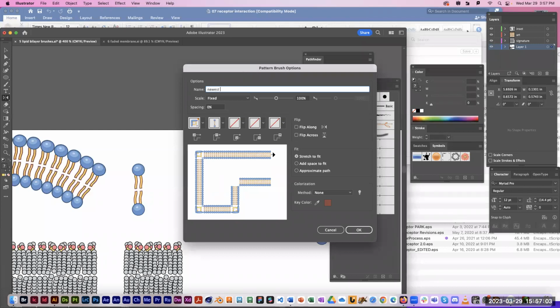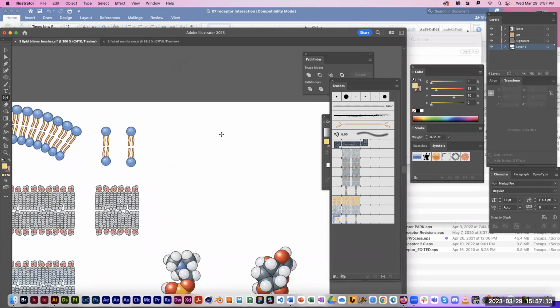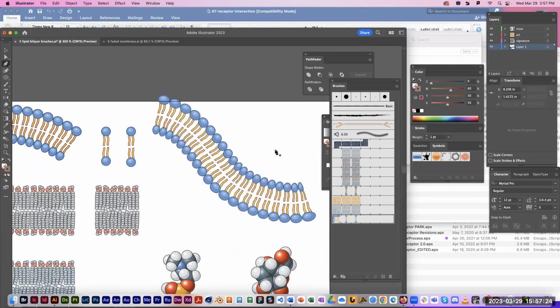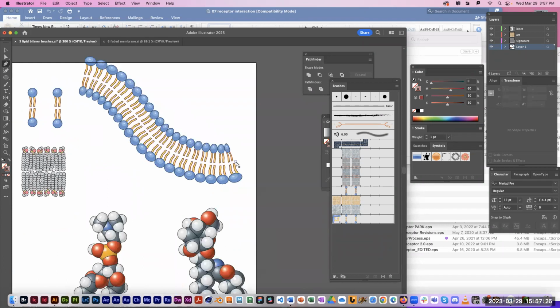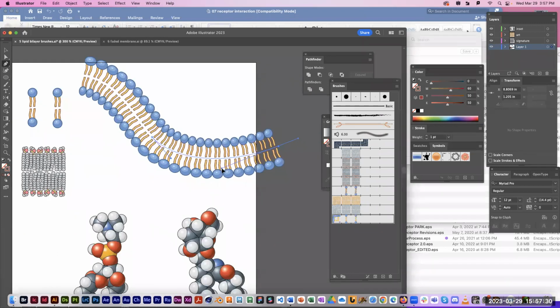I probably have about 4 of these in here, so we're going to call this newest lipid bilayer, something like that. Once you've done that, you can draw any path, get rid of the fill color, go to the stroke, select that path, and you get something that automatically flows to create the lipid bilayer.